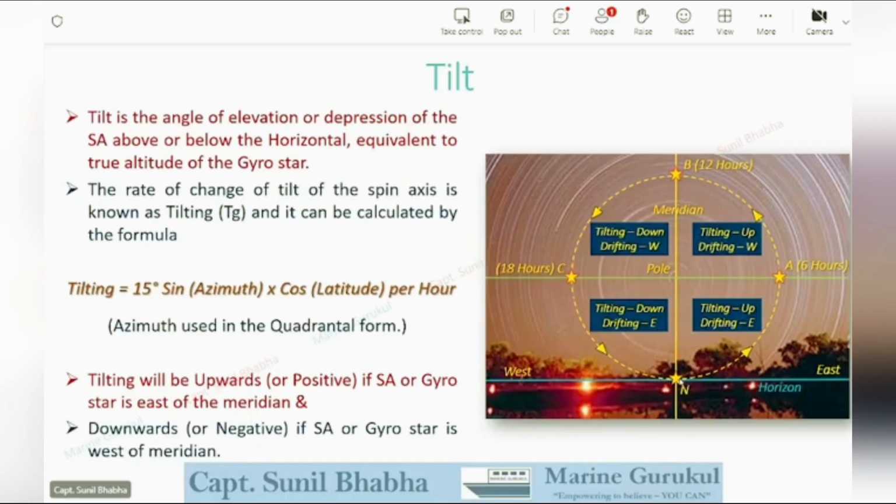The motion from November to Alpha to Bravo is upwards, whereas the motion from Bravo to Charlie to November is downwards. So tilting is upwards from November Alpha Bravo, and tilting is downwards from Bravo Charlie November. Tilt is not down in any case. ठीक है sir, okay.